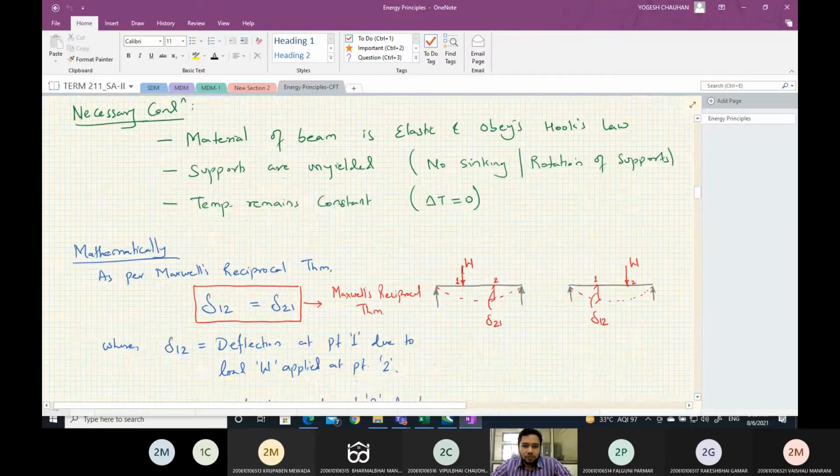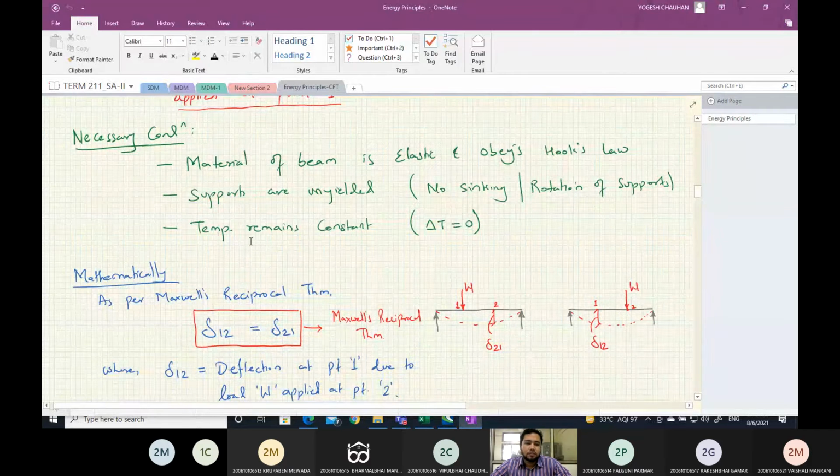That is, delta 12 equals delta 21. The necessary conditions for application of Maxwell's reciprocal theorem are that the beam should be elastic and obey Hooke's law, the supports should remain unyielded, and the temperature should remain constant.